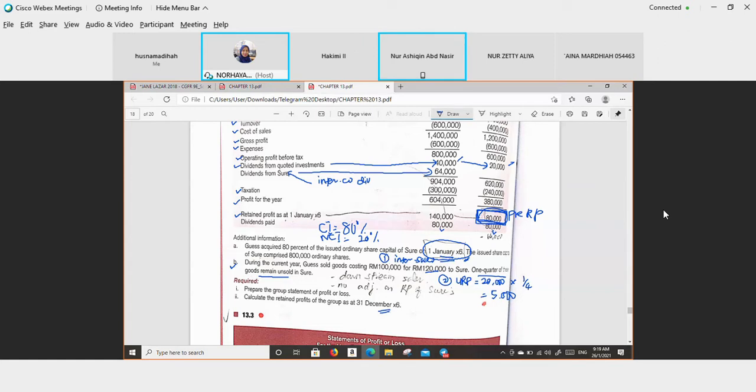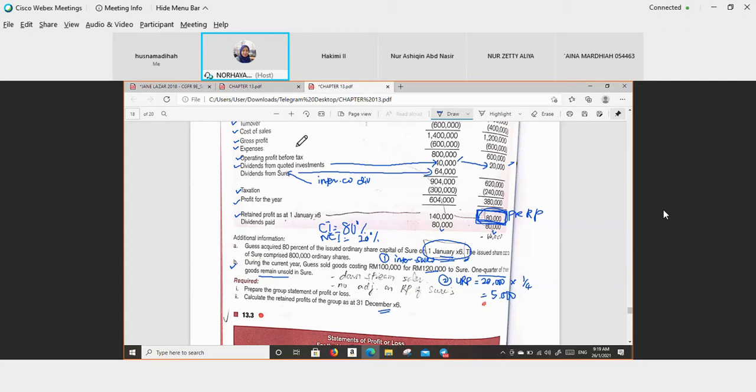If there is unsold goods in the closing stock, there is unrealized profit, which is 1/4 of this. Don't calculate from the total; you must calculate the portion of the profit, which should be eliminated.